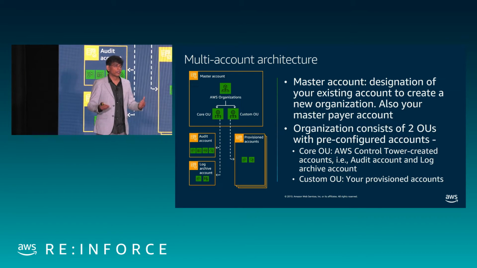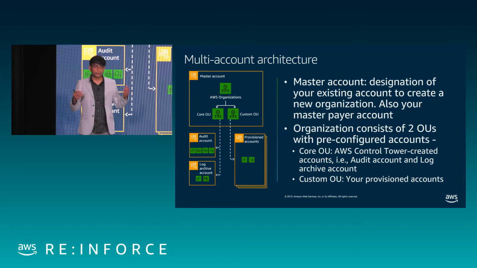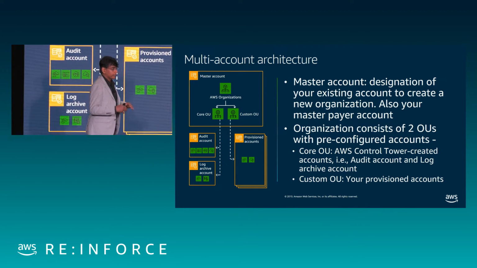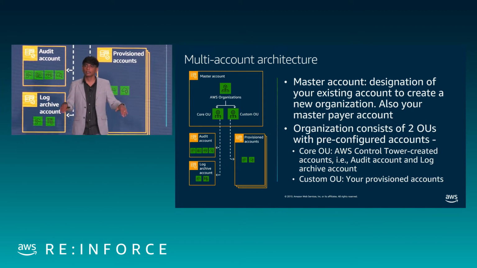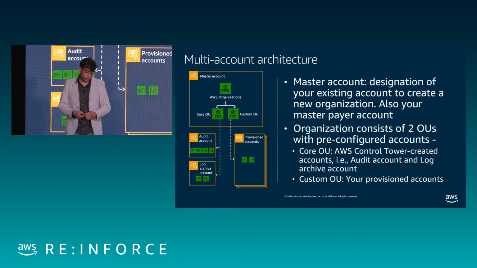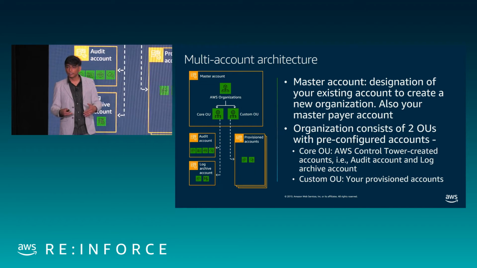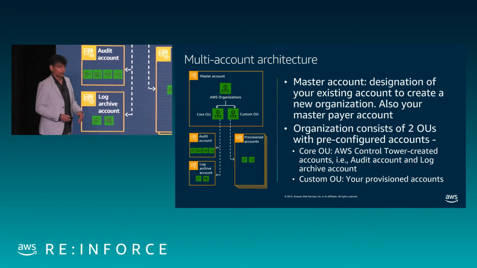And if anyone's wondering what an organizational unit is, it's a container to group accounts. And the grouping is both for account organization and facilitating easy enablement of policies at a level which all underlying accounts can inherit. So the core OU has the accounts that Control Tower pre-creates, which are the audit account and the log archive account, and they're organized under the core OU.